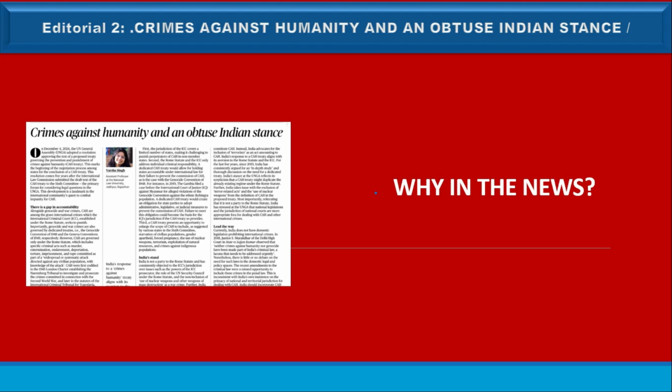CAH were first codified in the 1945 London Charter establishing the Nuremberg Tribunal to investigate and prosecute crimes connected with the Second World War, and later in the statutes of the International Criminal Tribunals for Yugoslavia and Rwanda. However, there is no dedicated treaty for CAH yet, creating a gap in accountability and the legal architecture of international criminal justice.